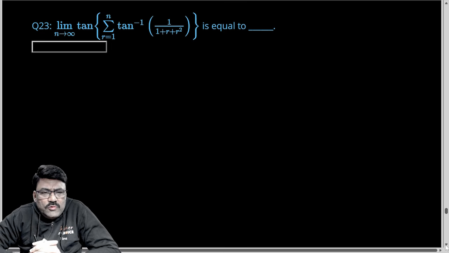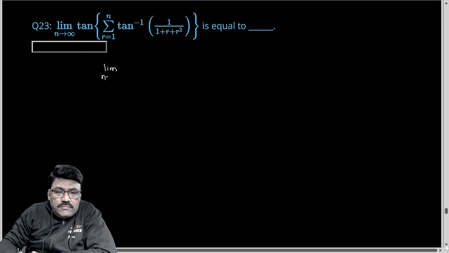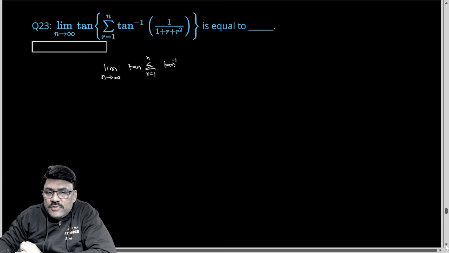Okay, see this. You have to find this sum: tan of sigma r varying from 1 to n, tan inverse 1 over 1 plus r square, and n is approaching infinity. So we have to find the limit n approaching infinity, tan of sigma r varying from 1 to n, tan inverse of 1 over 1 plus r square.